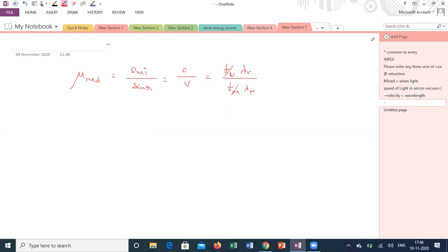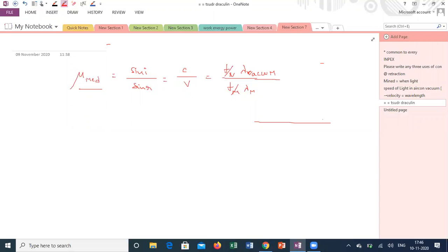So frequency remains the same; it does not change even though mediums are changing. So the relation for the refractive index of a medium is wavelength in vacuum to the wavelength in a particular medium.